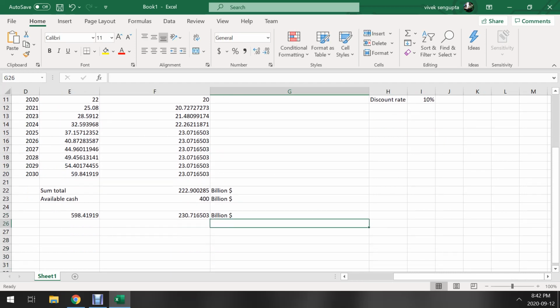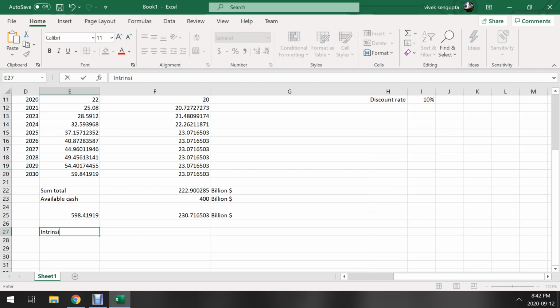And now the total, right? So the intrinsic value is the total cash that you can take out of a business in a certain period of time, right? So the total cash that we can take out of Bank of America in 10 years, discounted at 10%, will be the intrinsic value of BAC.